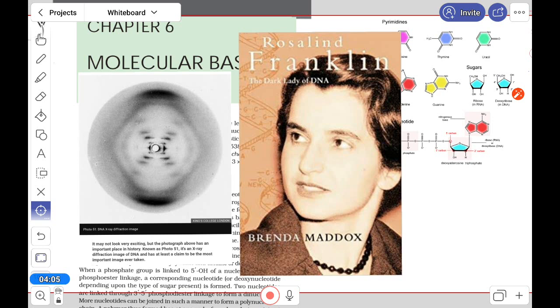You will be surprised that this photograph was taken by her teammates Watson and Crick and others, and they got the Nobel Prize in 1962. If you search, you'll get the names of Watson and Crick, but actually it was done by Rosalind Franklin. Maybe you know this fact also.